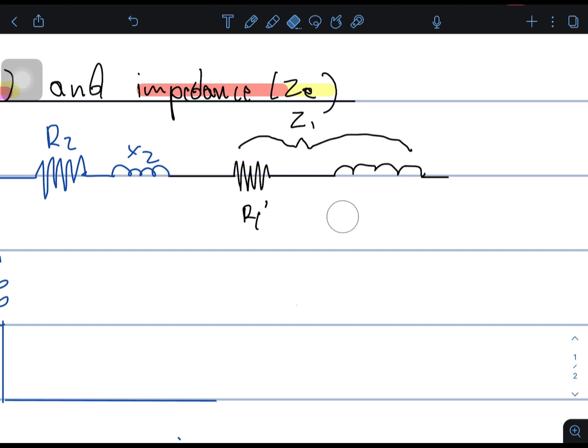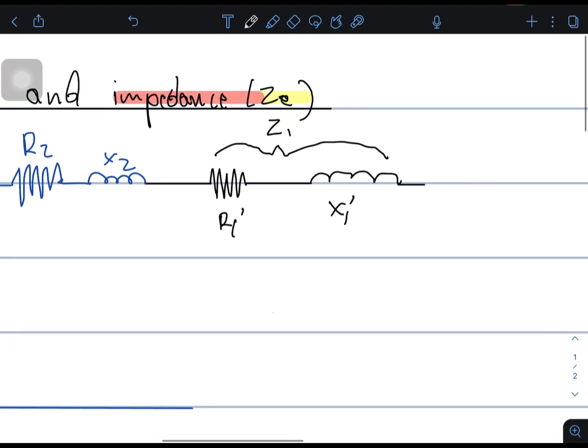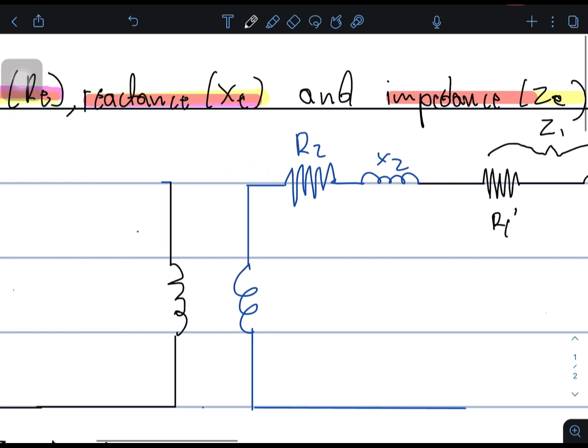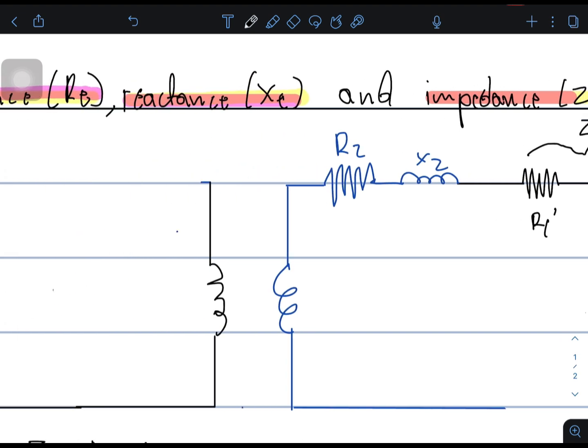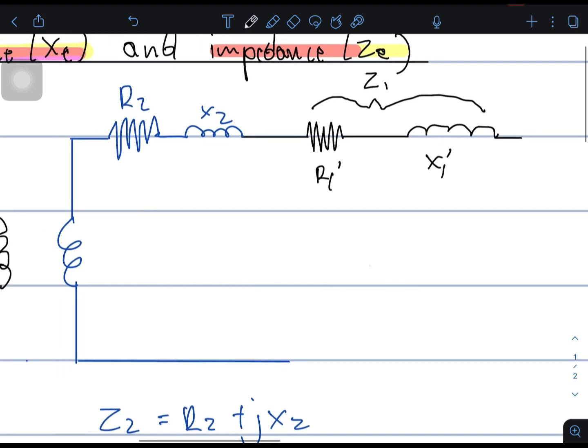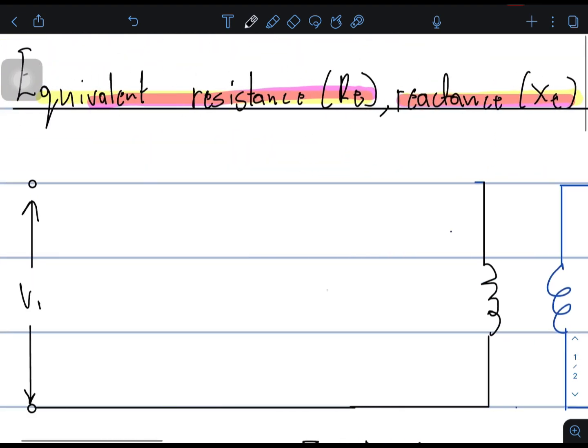Then we no longer say X1, we say X1 prime to signify that we have referred this inductive reactance to the secondary winding.